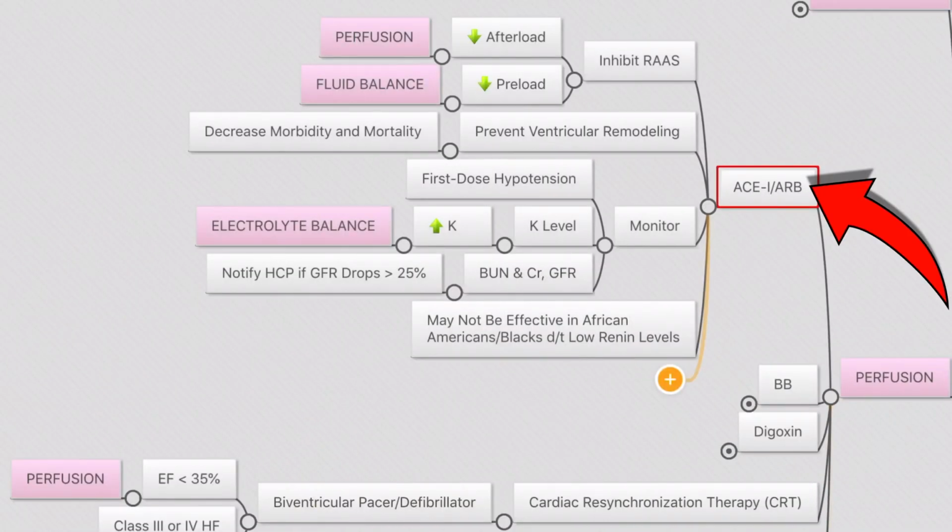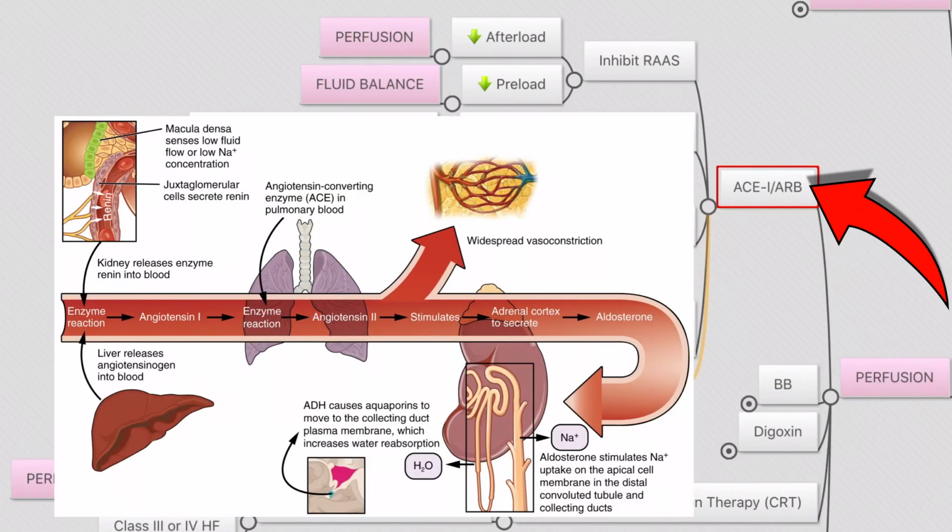So ACE inhibitors inhibit the RAS, right? The renin-angiotensin-aldosterone system. So it inhibits the angiotensin, that's why it decreases afterload. So decreasing afterload is going to help with perfusion. Now, ACE inhibitors or ARBs are also going to help with decreasing preload.